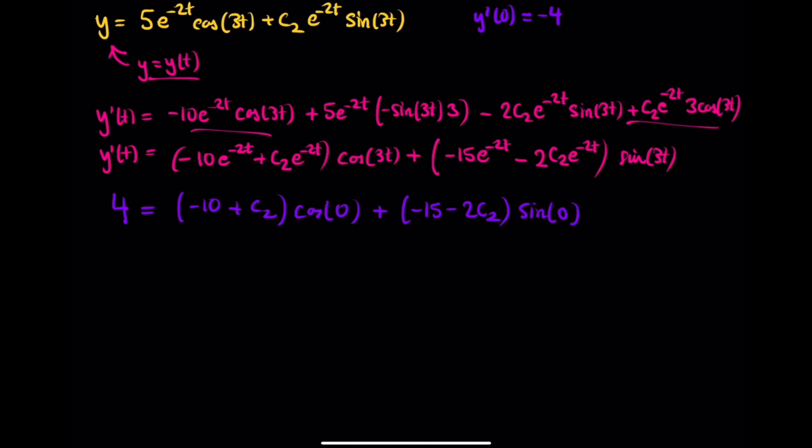Sine of 0, like we mentioned before, is just 0, and then cosine of 0 is 1. So 4 equals minus 10 plus c2. We add 10 to both sides. c2 equals 14.